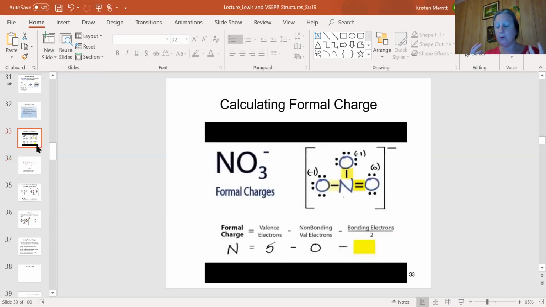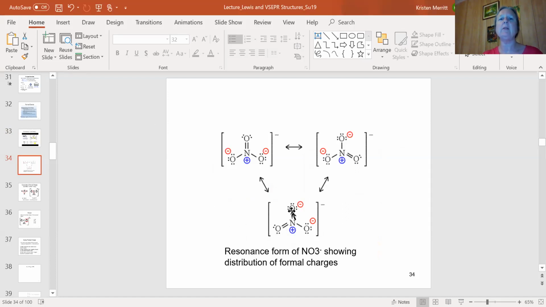So when we're looking for which is the lowest energy, sometimes we have contributions. If these were 3 slightly different structures, they all contributed to the actual structure. The actual structure had components of each. Like I said, the NO bond is a hybrid of a double and a single. We say that a certain structure gives a certain weight. Maybe one of the structures is the best, and so we say it's 70% contribution, another one's 20%, another one's 10.